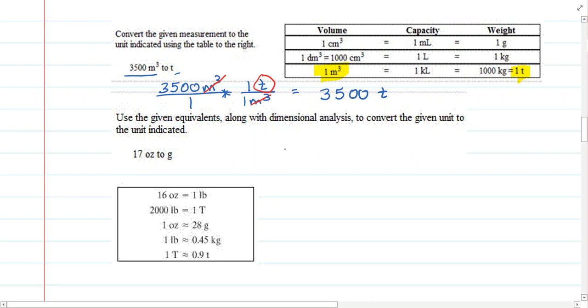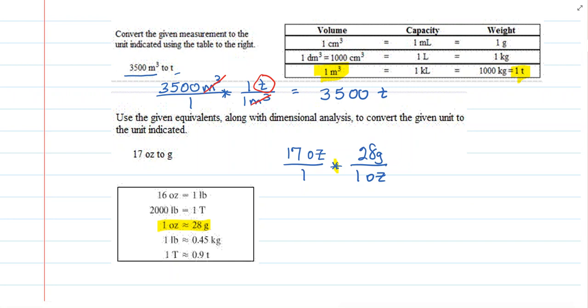So in this one I want 17 ounces, which is weight, to grams, which is weight. So I'm looking at my chart and I have that one right there. So I'm going to multiply by 1 ounce in my denominator is equivalent to 28 grams.